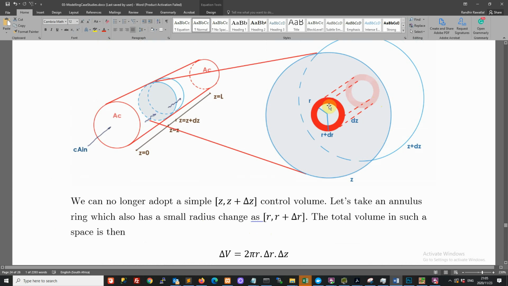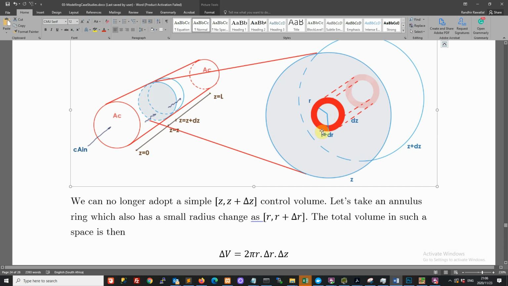Here we estimate the volume by first taking the inside perimeter. Of course, the length of the perimeter of a circle is 2 pi r. So that's this inside perimeter. And then if we multiply it by delta r, that's an approximation to the area out here, this dark red shaded area.